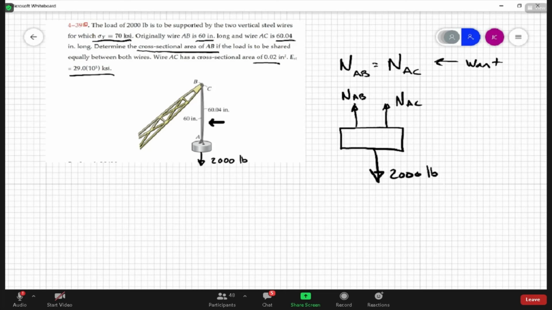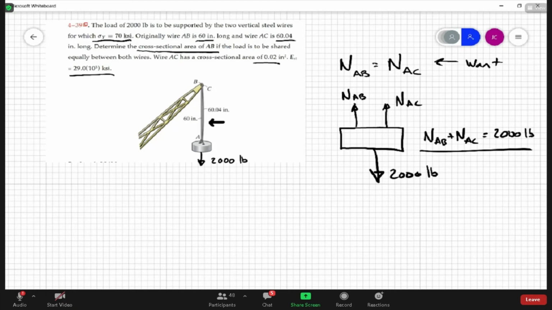And so here we just have that N_AB plus N_AC is equal to 2,000 pounds, right? So this is our equation of equilibrium, but we have two unknowns, all right? So we need a compatibility condition.